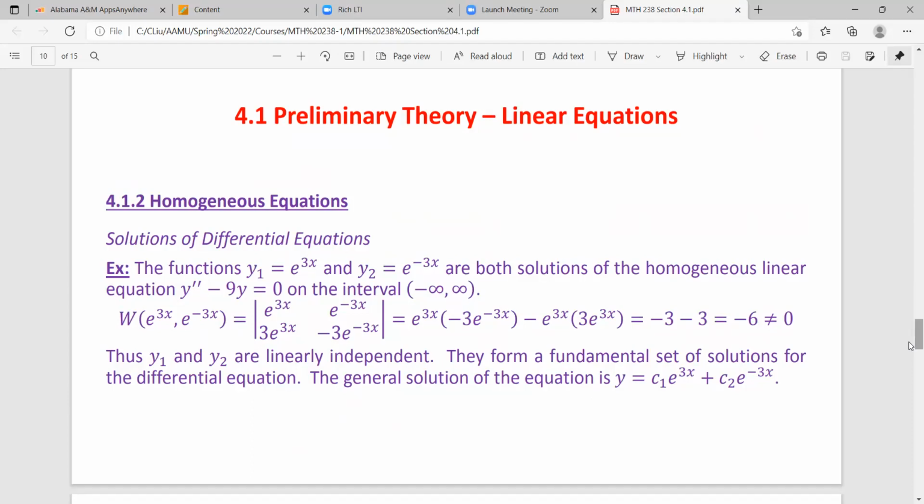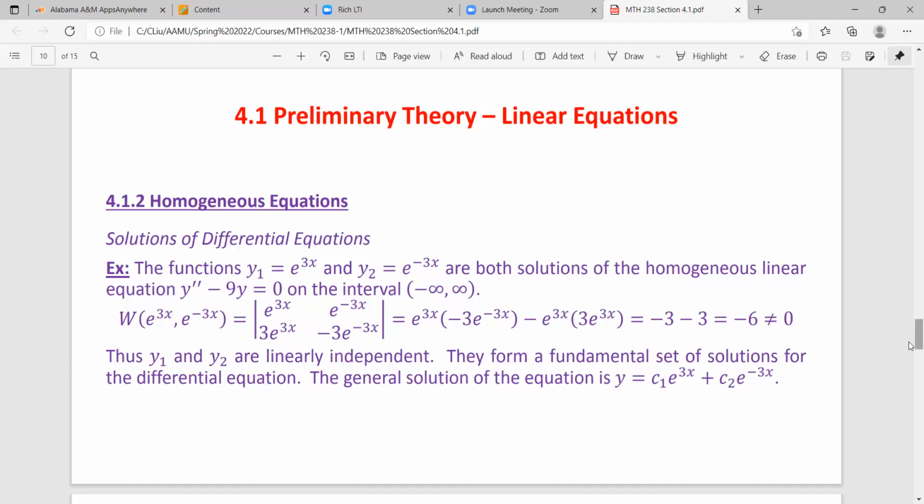And we used the Wronskian of these two functions last time to verify these two functions are linearly independent. So by definition, these two functions give a fundamental set of solutions to the equation.